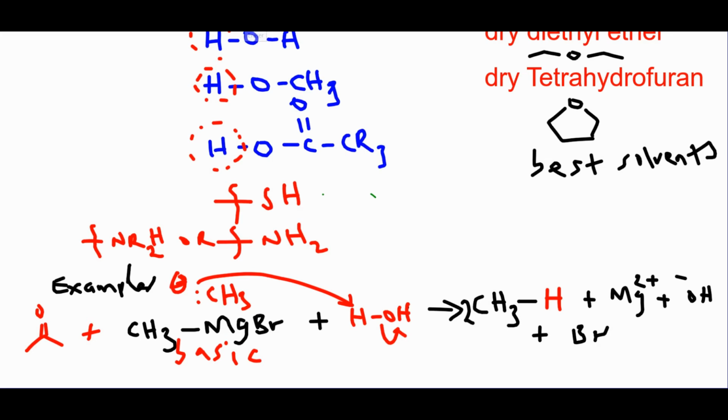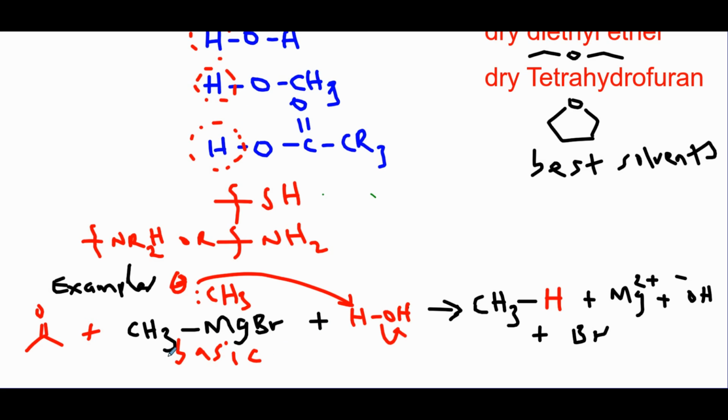The equation is not balanced. Without balancing the equation, of course, the CH3MgBr turned to methane, CH4. The H came from the water. Because water is protic, all these other solvents will do the same thing.